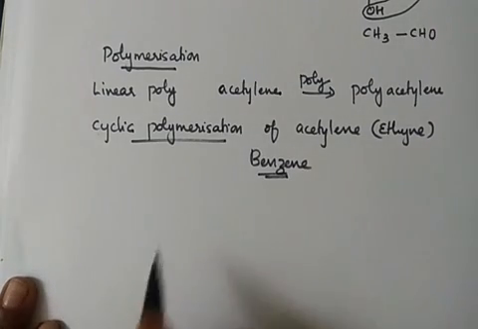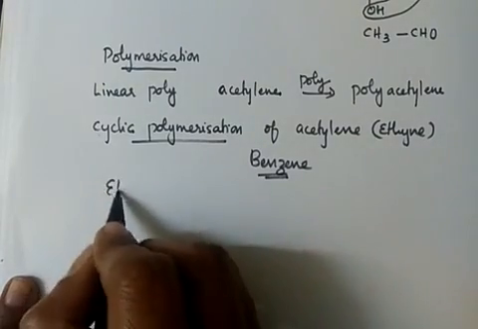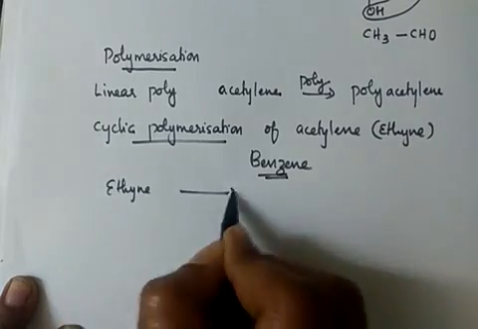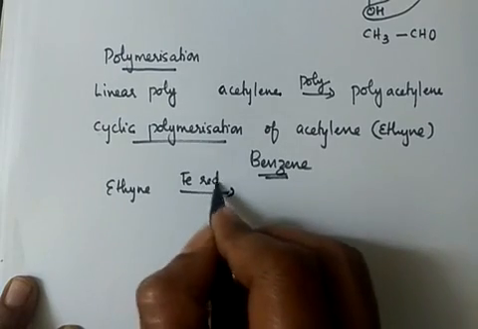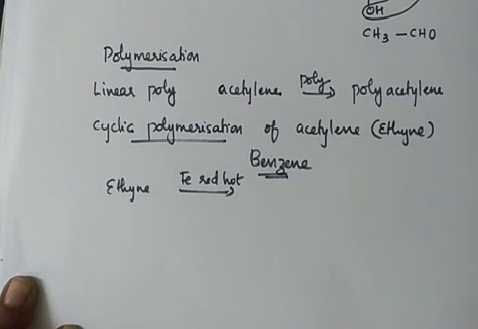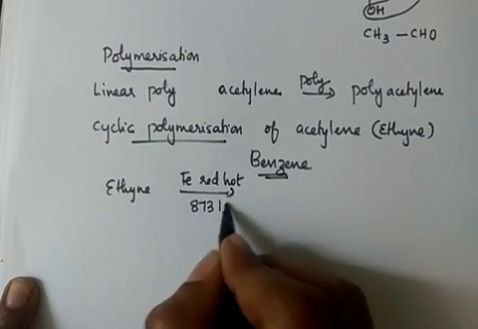Ethyne is passed through a red hot iron tube at 873 Kelvin.